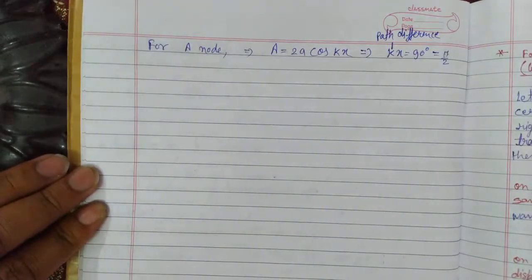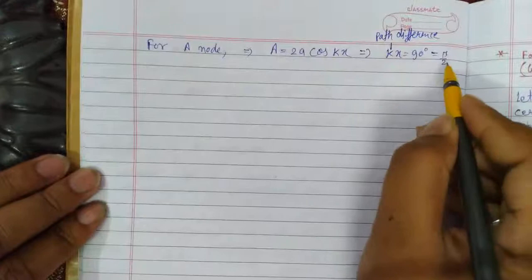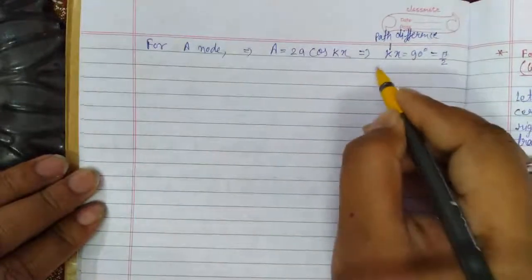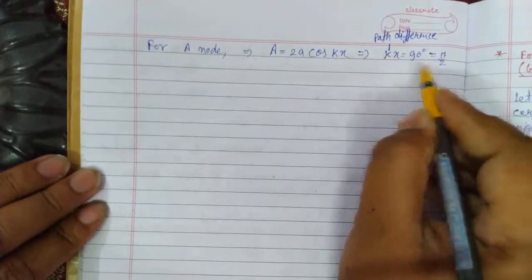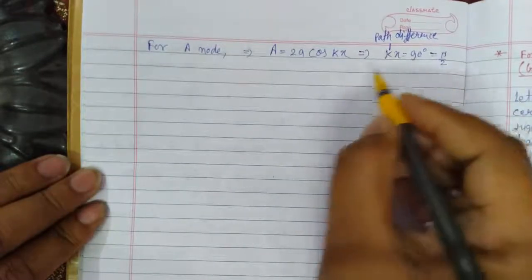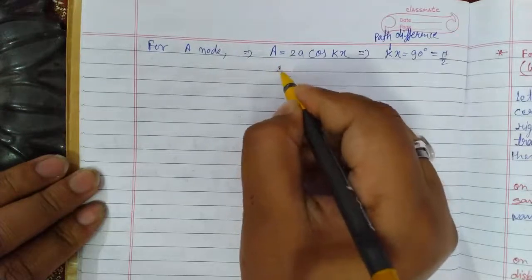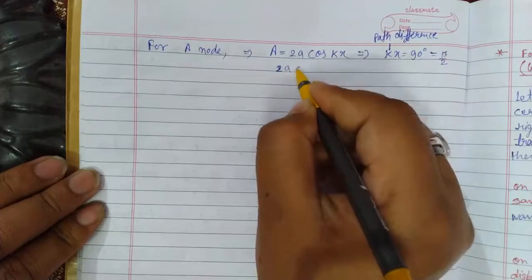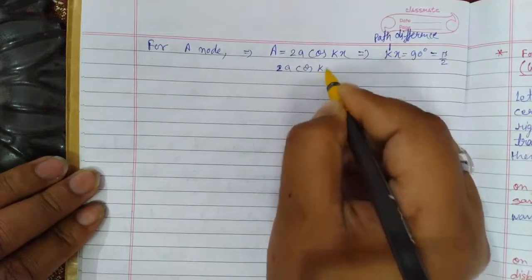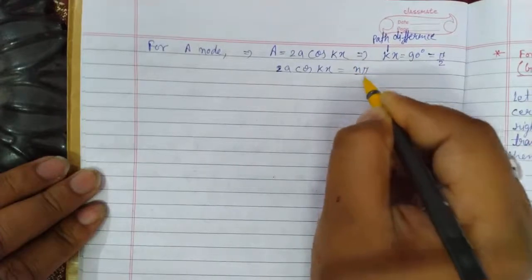This is related to the path difference. Therefore 2a cos kx is 0 for kx equal to pi by 2.